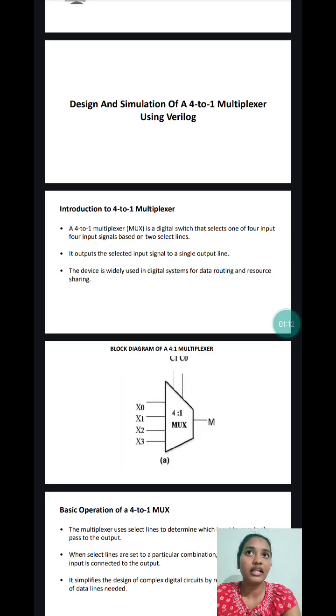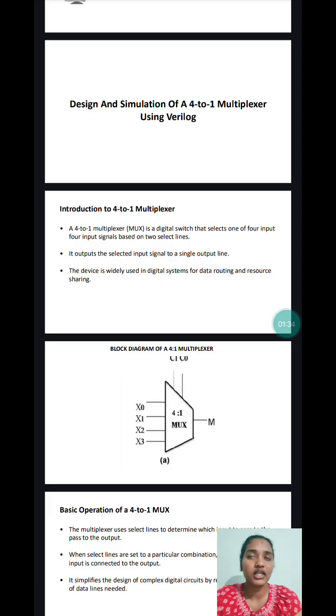How does a select line select? We go by the principle 2 power n. 2 power 1 means a 2 is to 1 multiplexer. If we take 2 power 2, it means a 4 is to 1 multiplexer. So the multiplexer is based on 2 power n.